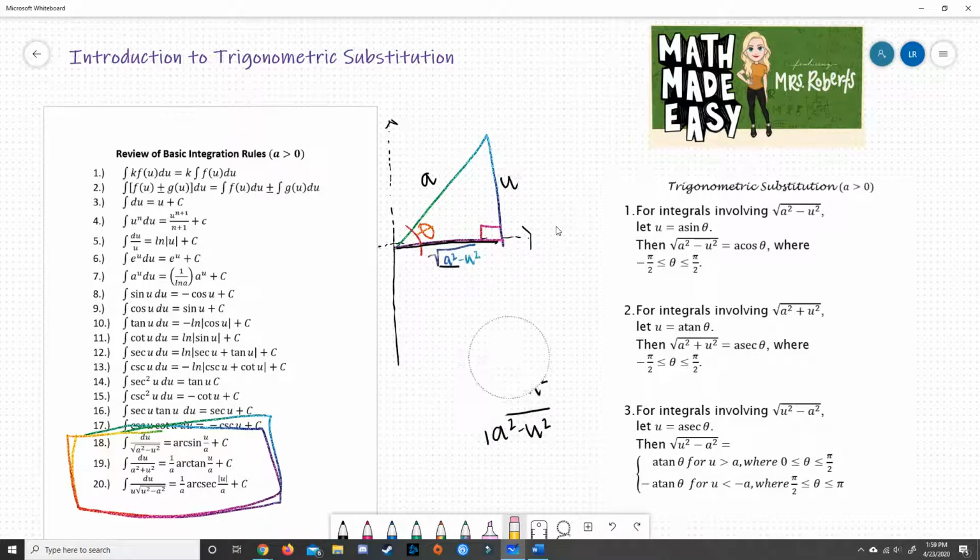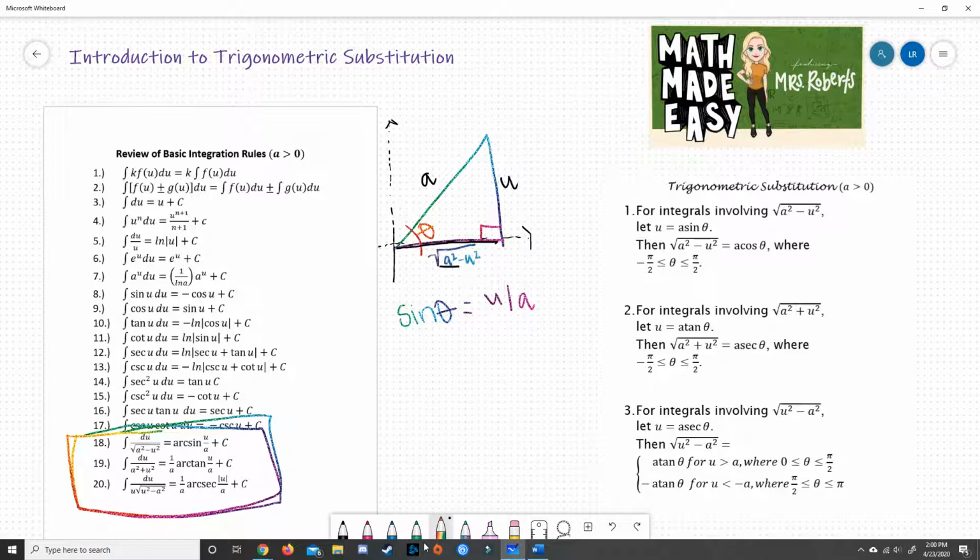Okay, so we were able to draw this triangle out, and right now we've just labeled some things. We labeled this U, we labeled this A, and then we were able to figure this out. Well, if this is our theta in question, we could say that sine of theta equals U over A. That's true.